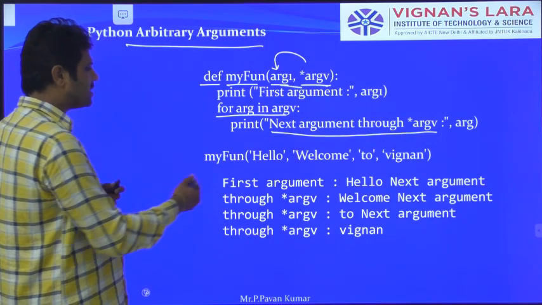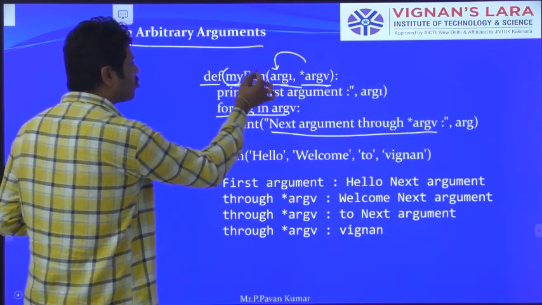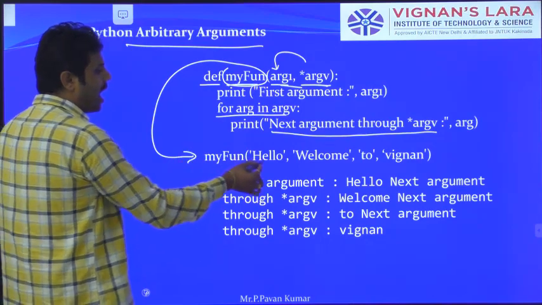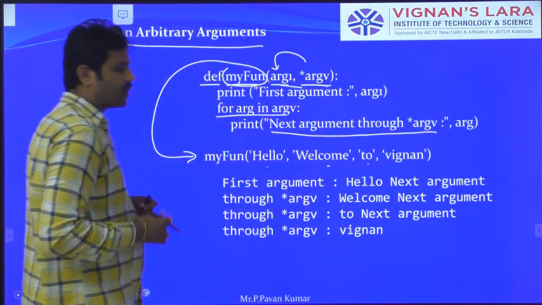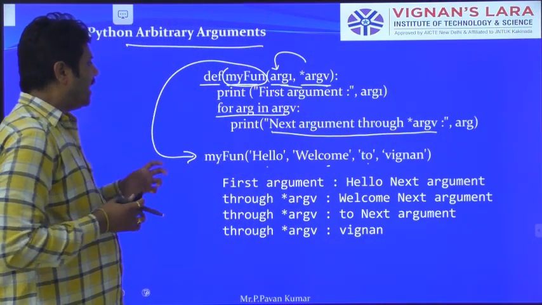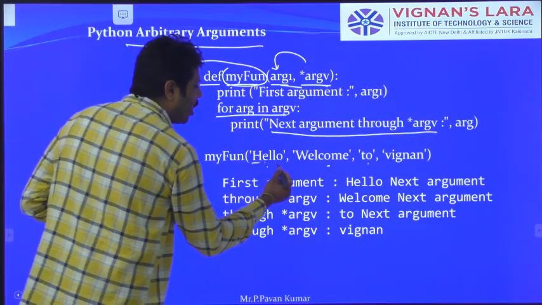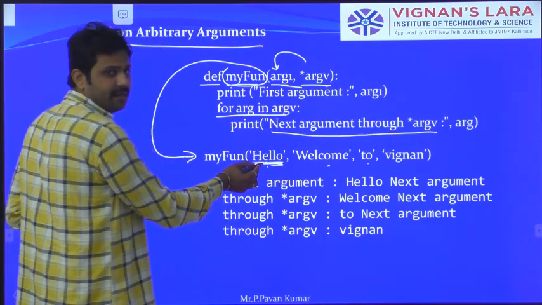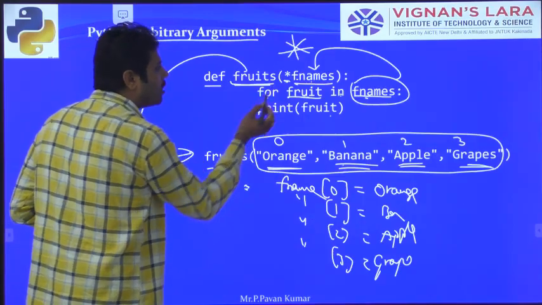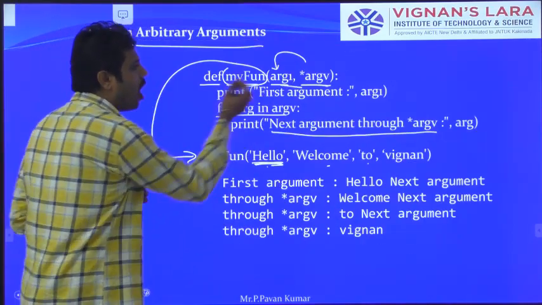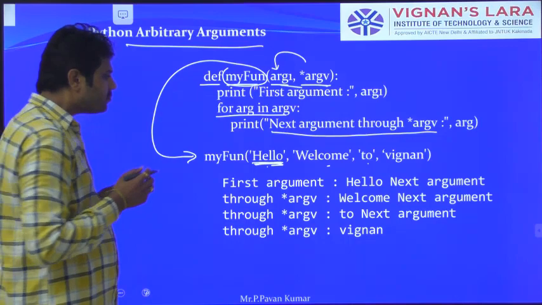So I simply call my function. Hello, welcome to Vignan. Here the first argument, whatever we pass, will be treated as arg1.